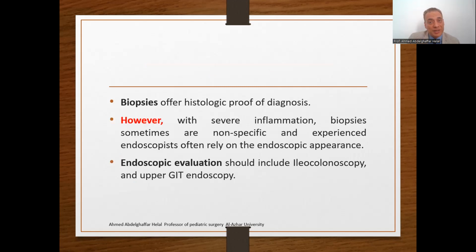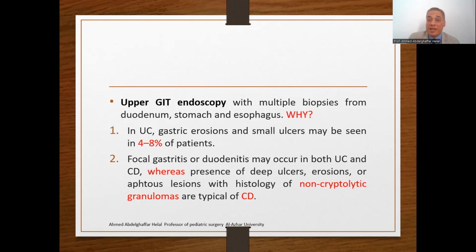Biopsies provide histological diagnosis, however, with severe inflammation the biopsy is sometimes non-specific, and the experienced endoscopist may rely on the endoscopic appearance. Upper gastrointestinal endoscopy is also very important, with biopsy from the duodenum, stomach, and esophagus.